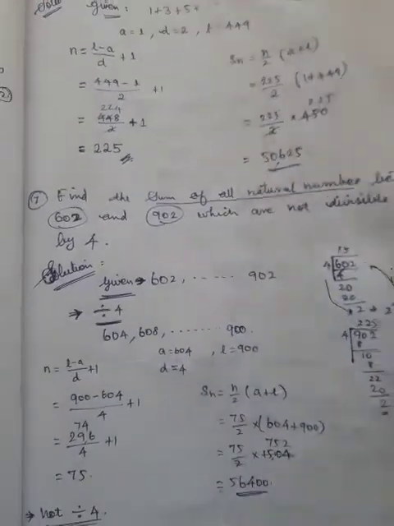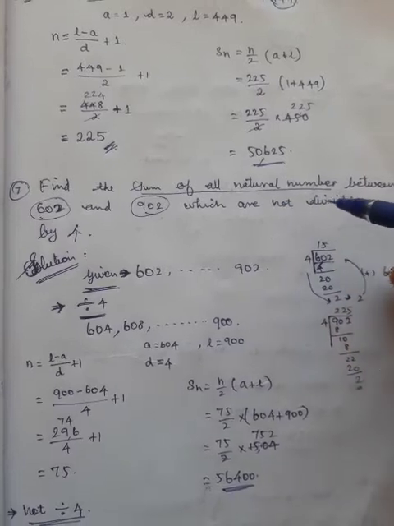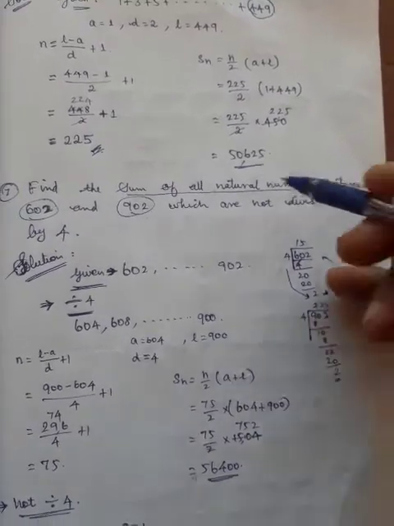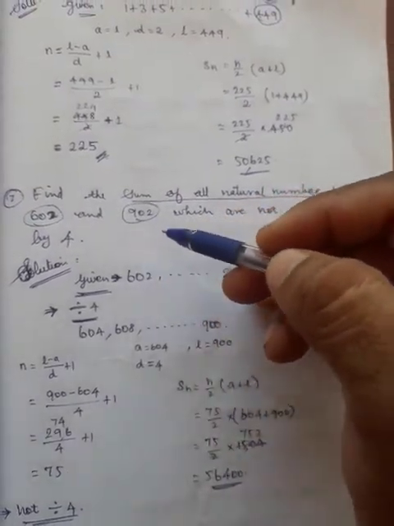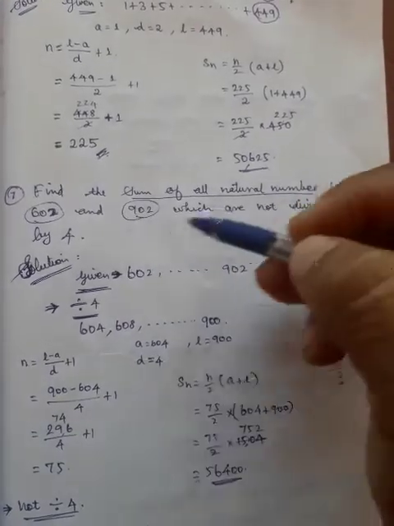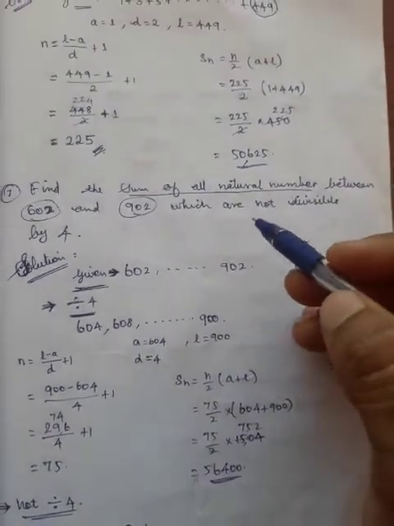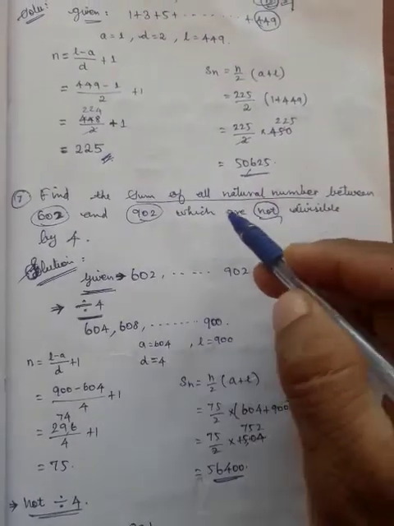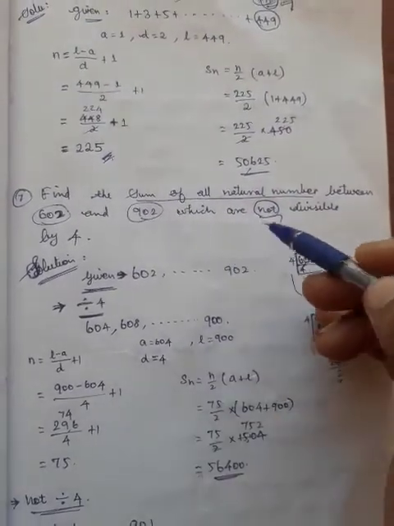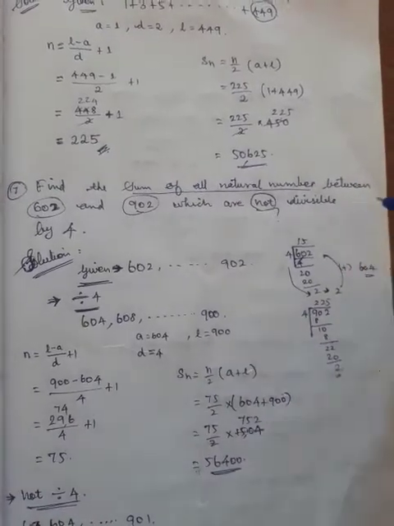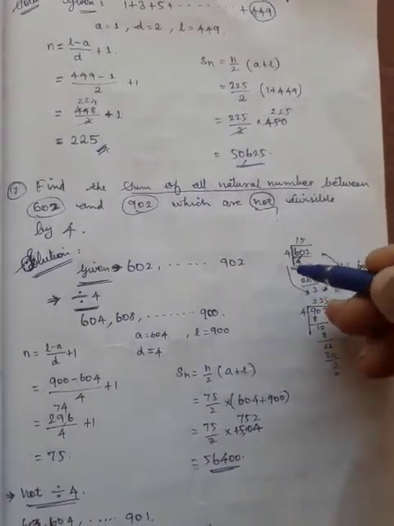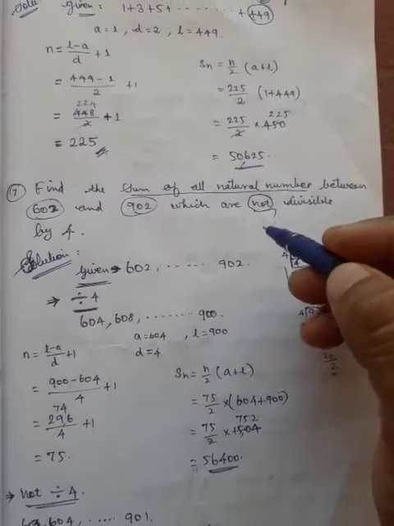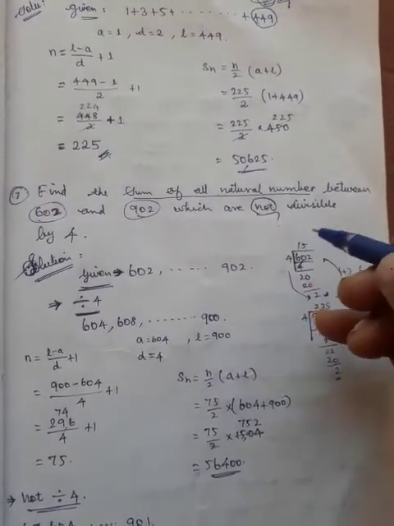The seventh question. Find the sum of all natural numbers between 602 and 902 which are not divisible by 4. If the question were about numbers divisible by 4, we could solve it easily, but here it is a little difficult, not very difficult, only a small difficulty.